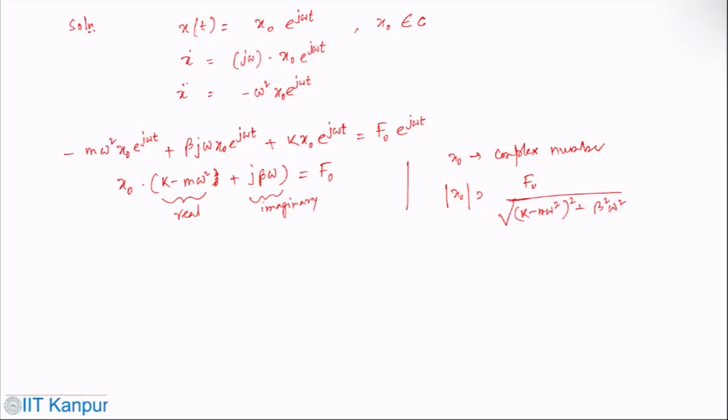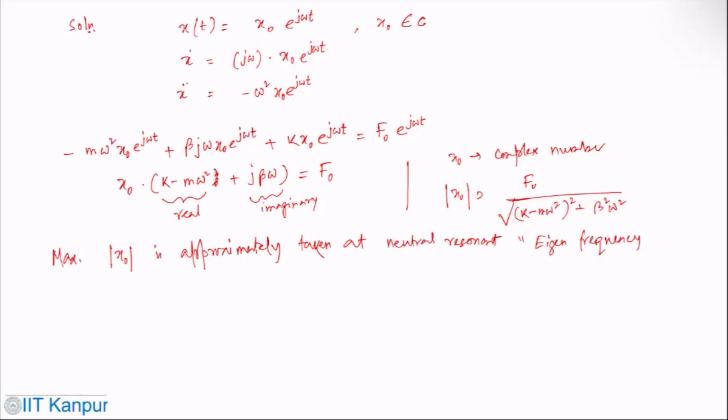If we try to take the maximum x naught magnitude, it is approximately taken at resonance, which is the eigenfrequency omega n r, where k minus m omega n square equals 0.